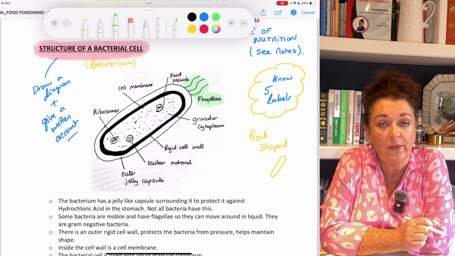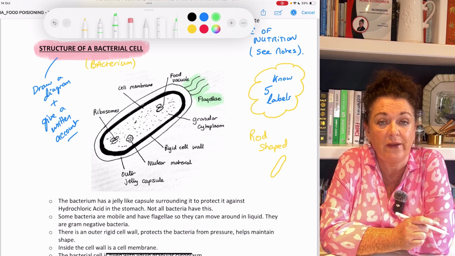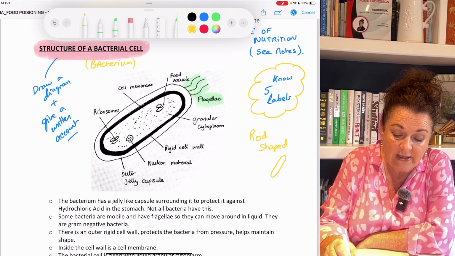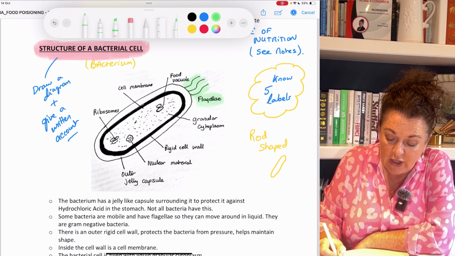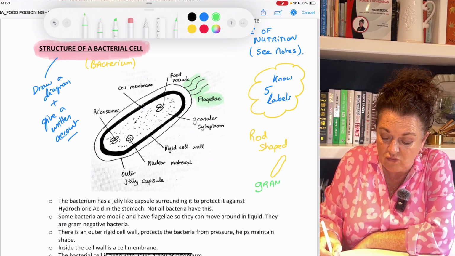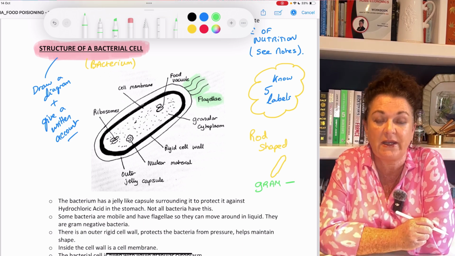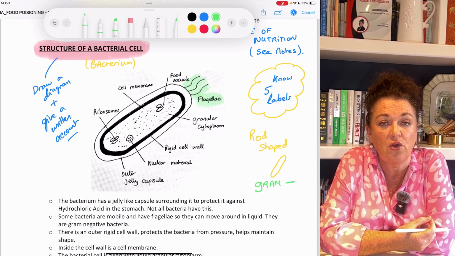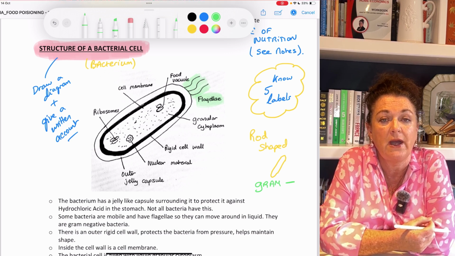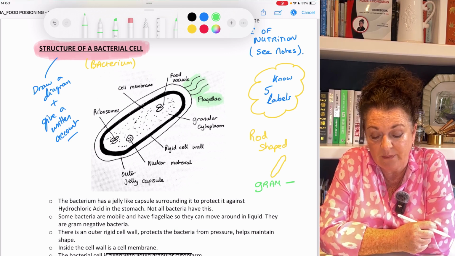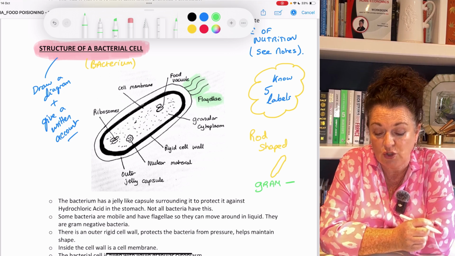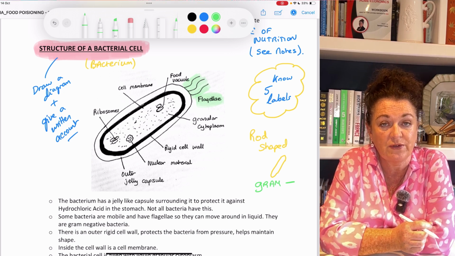Now, on the home economics course, we call bacteria that have flagellae gram-negative bacteria. So this bacteria happens to be rod-shaped and gram-negative. Now, what do I mean by gram-negative? There was a scientist called Christian Gram once upon a time, and he developed a procedure and a way of using different stains to identify bacteria under the microscope.